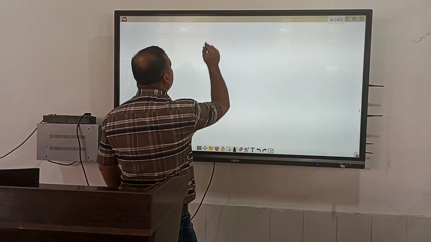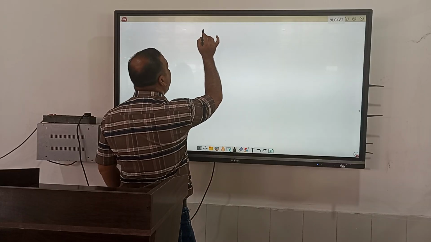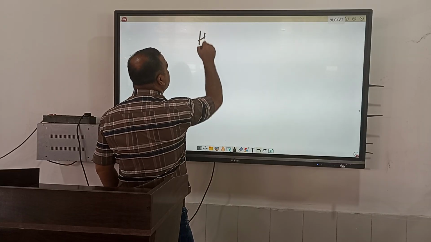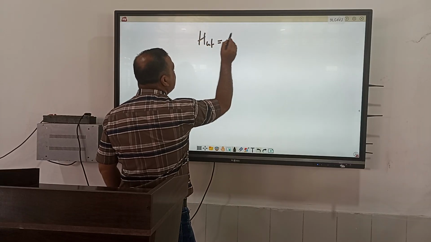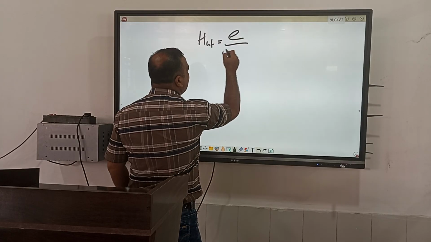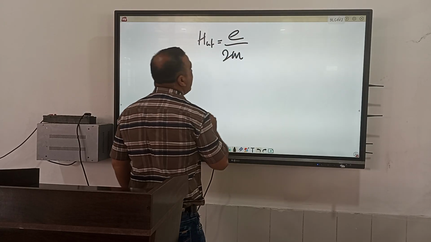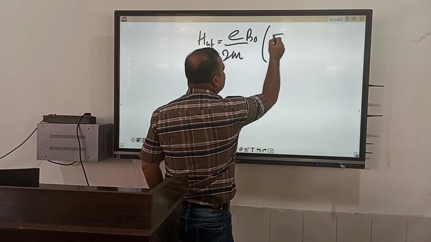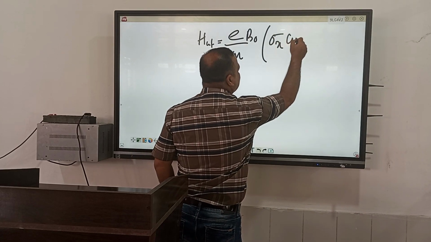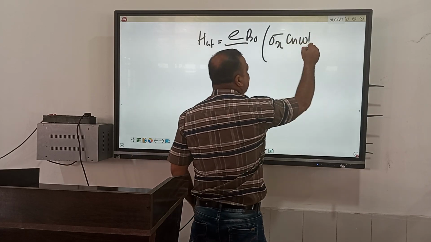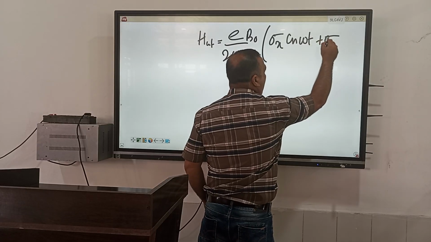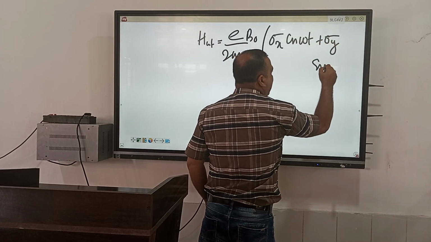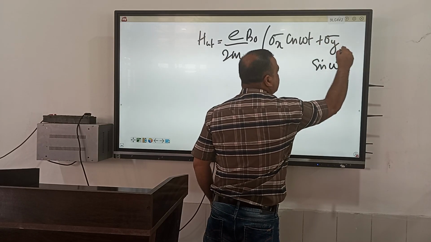Now, what I'll have is H interaction. This is my Hamiltonian. This will be e by 2m, and then you will have B naught and sigma x cosine of omega t plus sigma y sine of omega t.